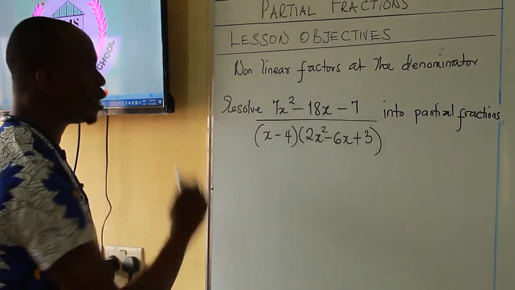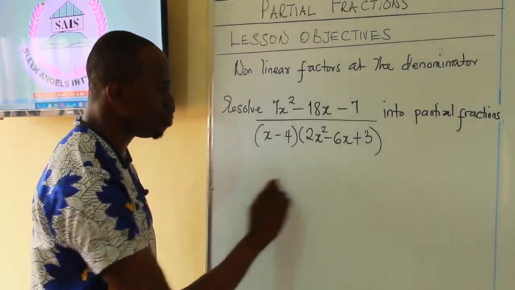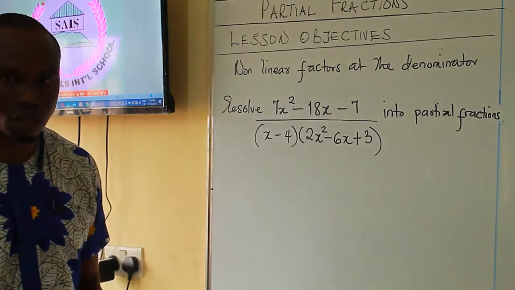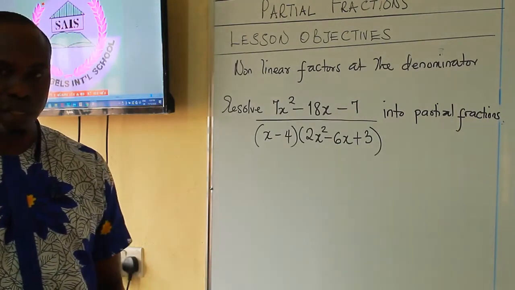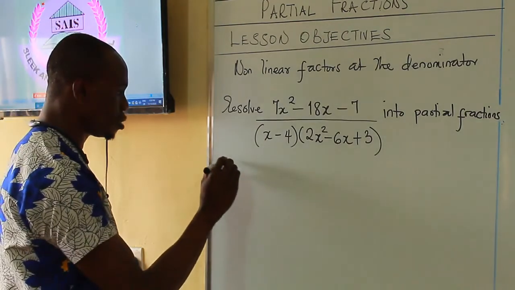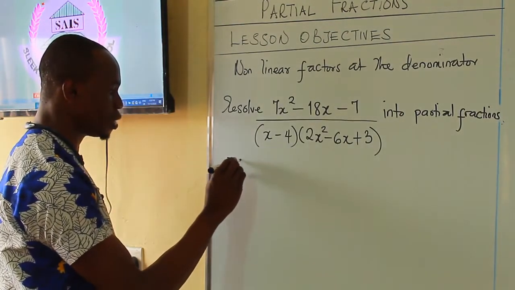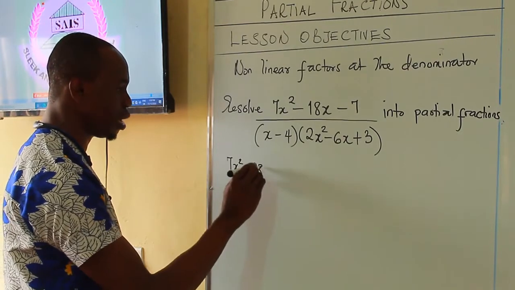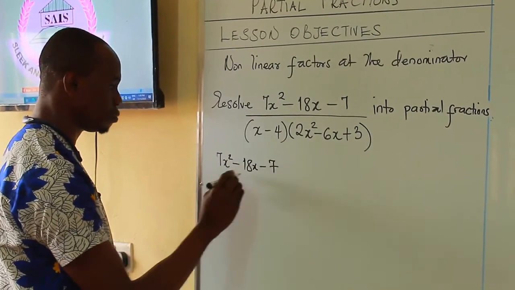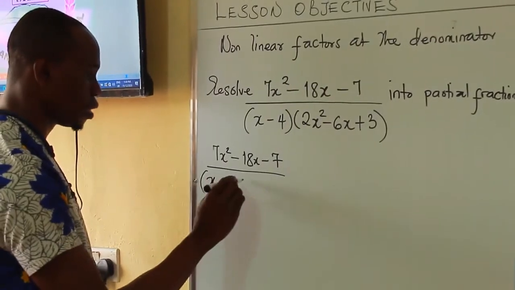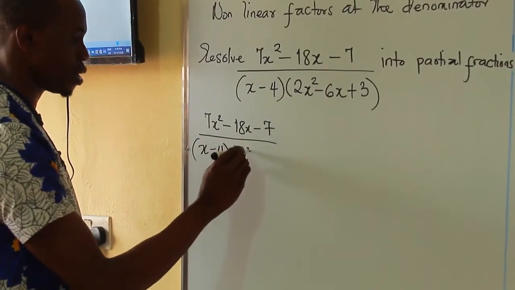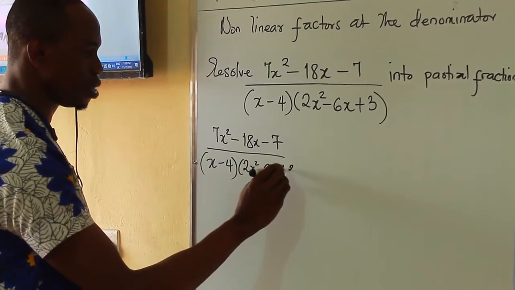Now, it is non-linear. The nature of the denominator determines the success of the split of partial fraction. In order for me to split this, I have to write this question in this form. 7x squared minus 18x minus 7 all over x minus 4 and 2x squared minus 6x plus 3.